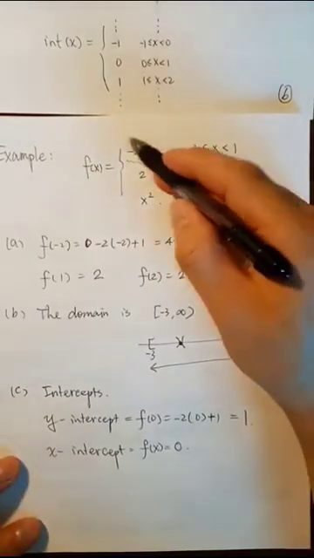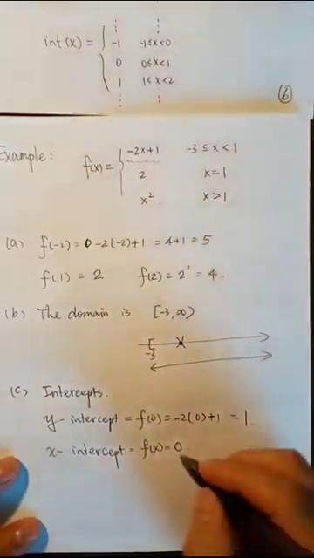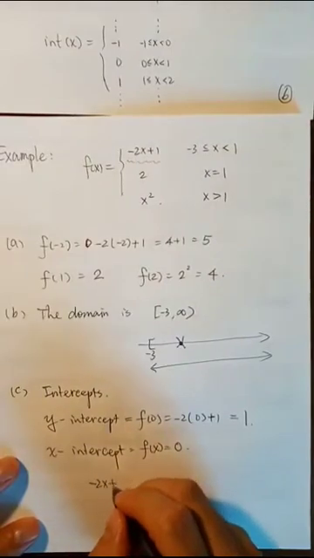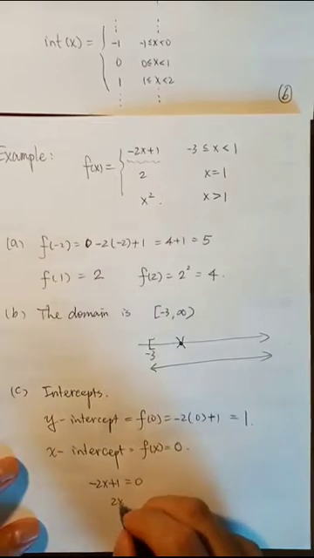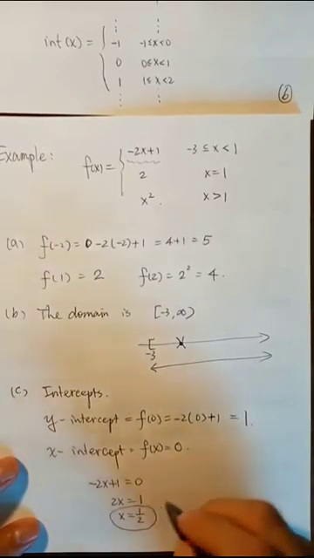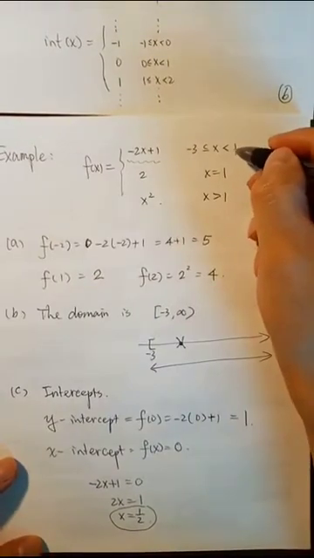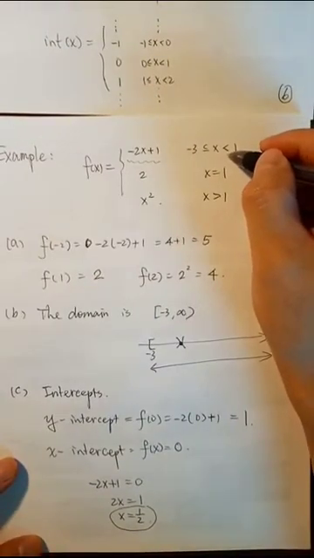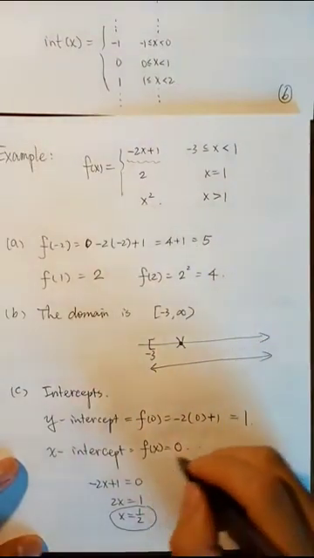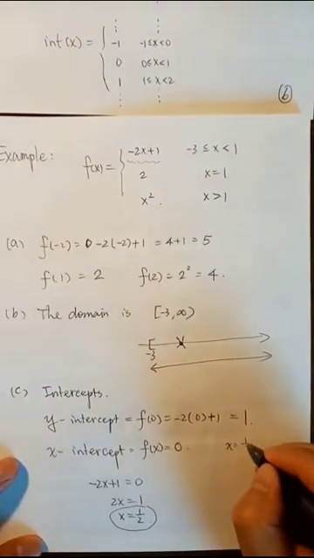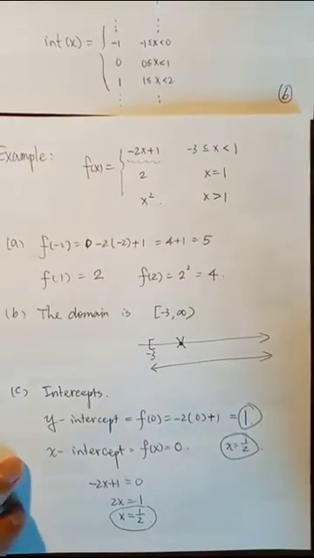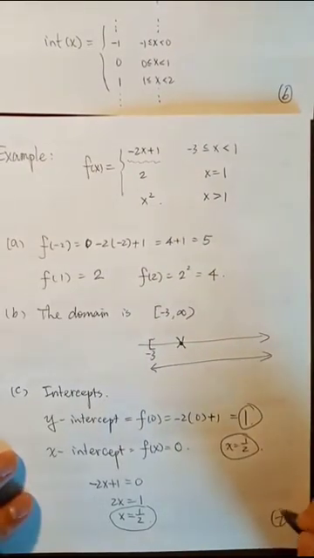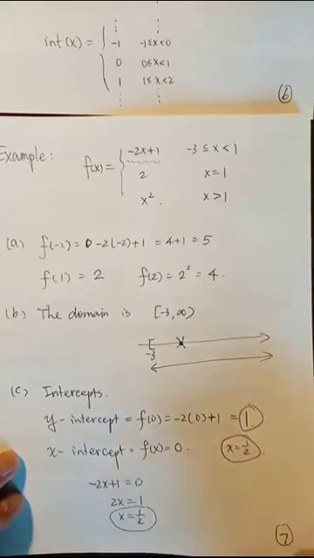Using the first formula, negative 2x plus 1 equals 0, so 2x is equal to 1, and x is 1/2. It's exactly inside this domain: 1/2 is less than 1 and greater than negative 3. So the x-intercept is x equal to 1/2, and the y-intercept is 1. Okay, so these are our intercepts.